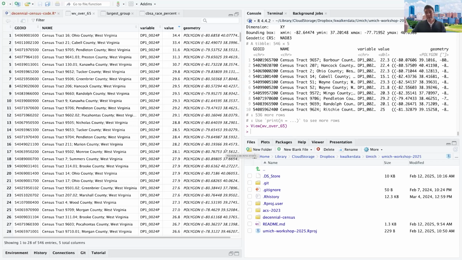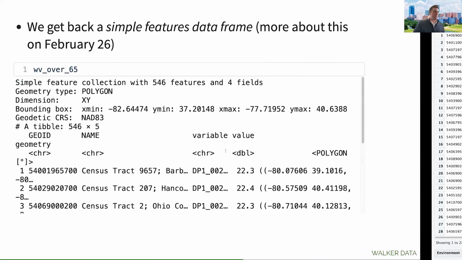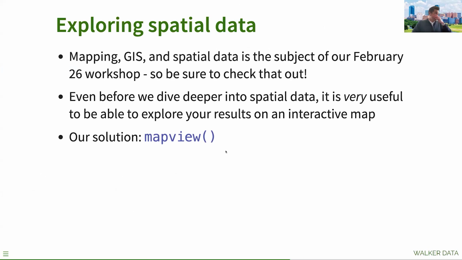And we're going to cover in 2 weeks all sorts of really cool customizable tools for mapping. For today, I just want to show you some basic examples using the ever handy mapview package. So what is the mapview package?